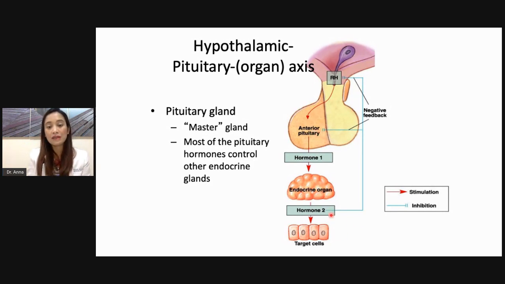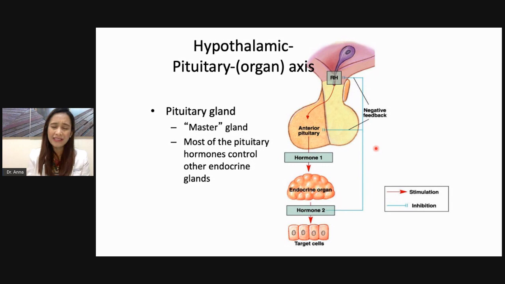So let's say you already have excessive hormone number 2, it will tell the anterior pituitary to stop or decrease the production of hormone number 1 so that your endocrine glands will not have overactivity and result in even more hormone number 2, to bring back the levels to normal homeostatic levels.